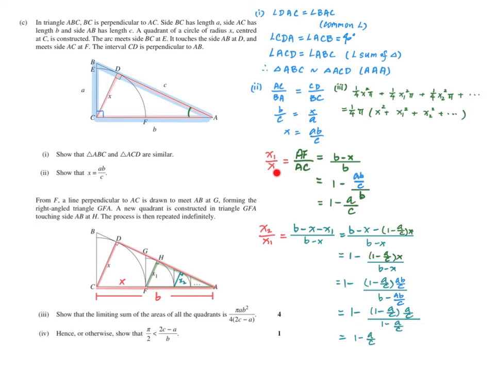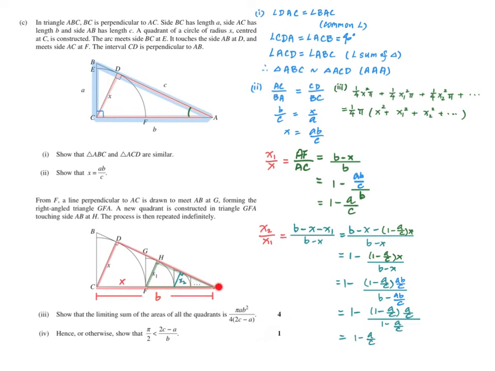x1 over x is actually equal to x2 over x1. And then from this figure, we know that the red triangle should be similar to this green triangle. So x1 divided by x should be equal to AF divided by AC.